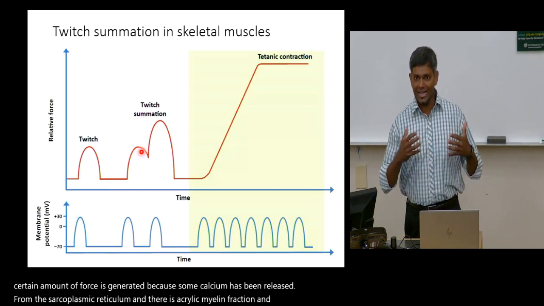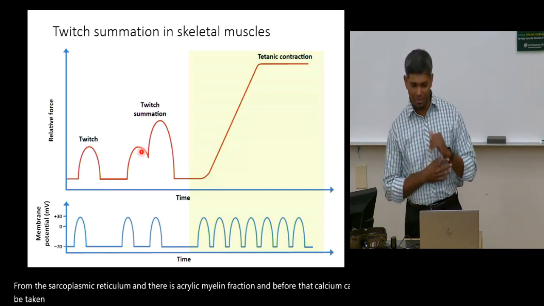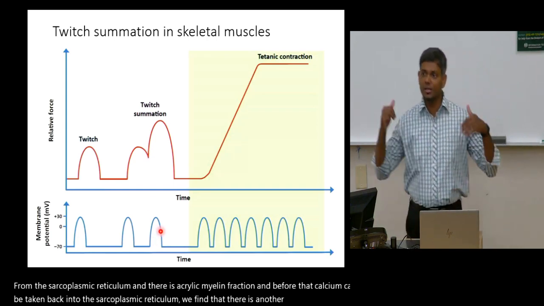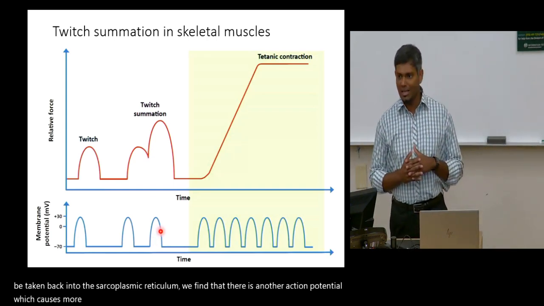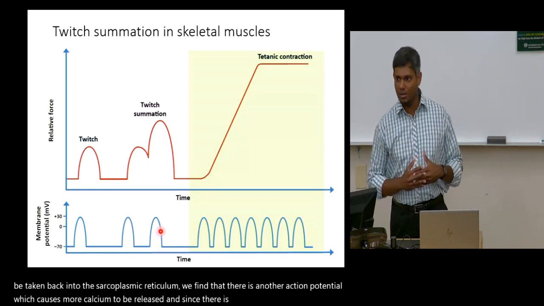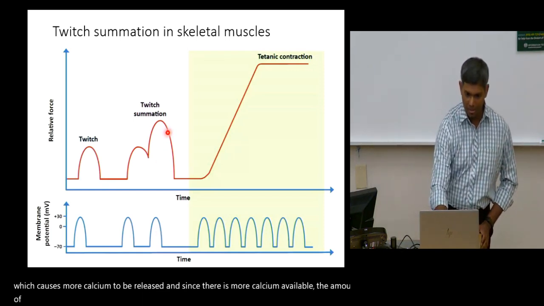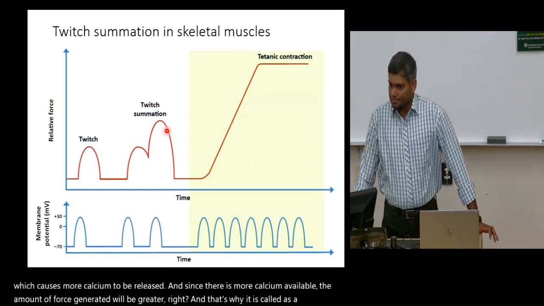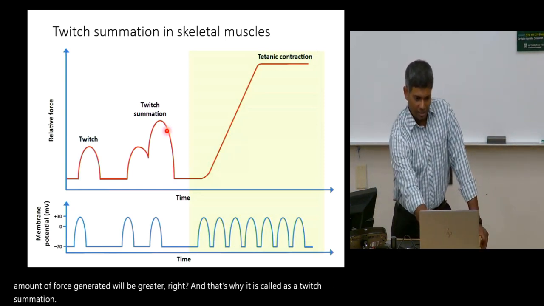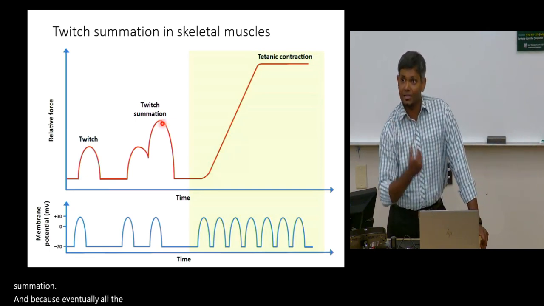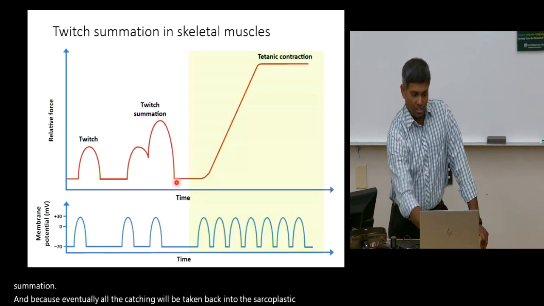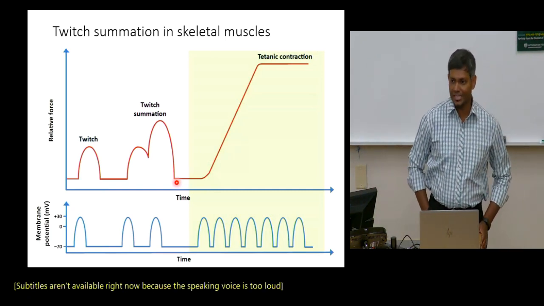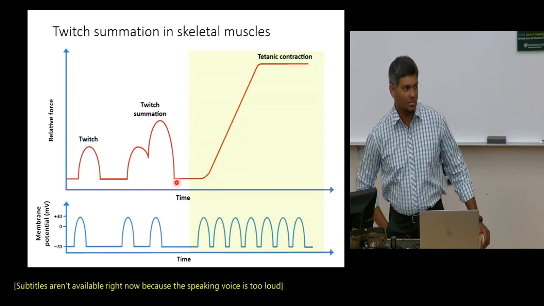And before that calcium can be taken back into the sarcoplasmic reticulum, there is another action potential which causes more calcium to be released, and since there is more calcium available, the amount of force generated will be greater, right? And that's why this is called twitch summation. And because eventually all the calcium will be taken back into the sarcoplasmic reticulum, notice that the force decreases back to the pre-excitation level. Does it make sense?